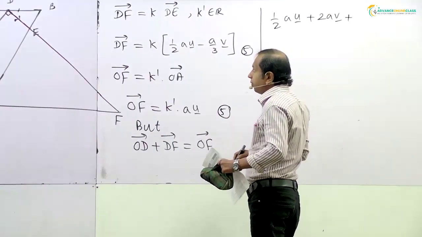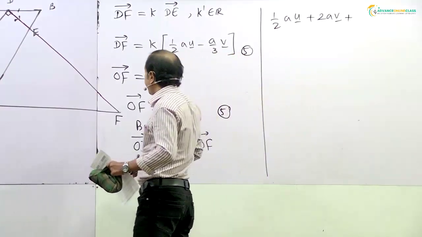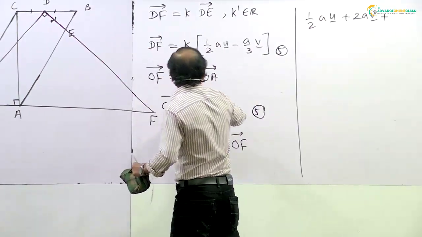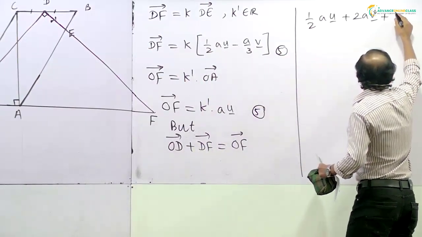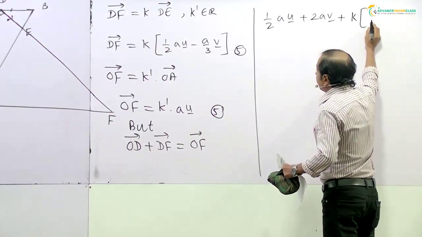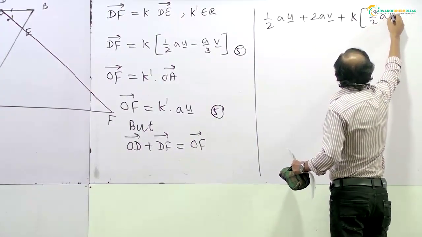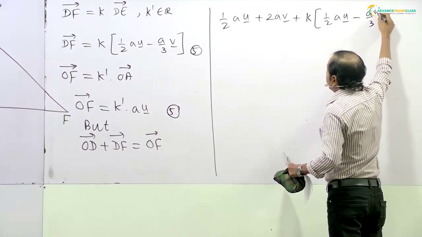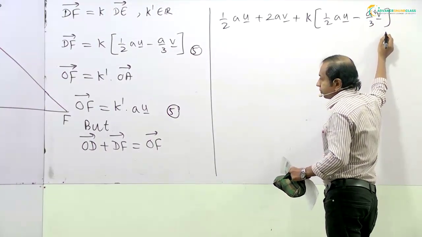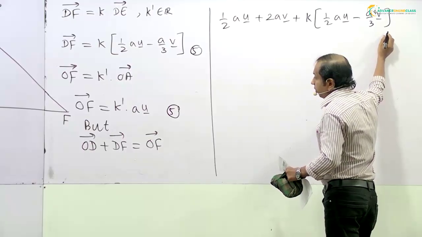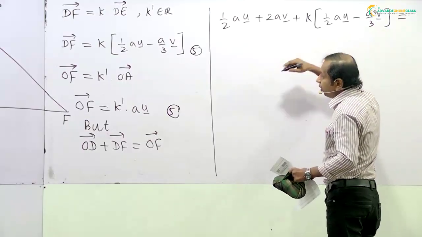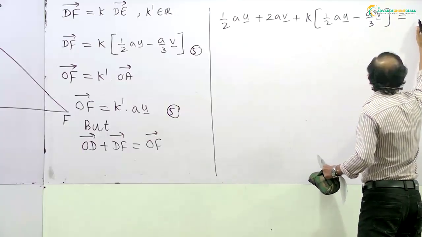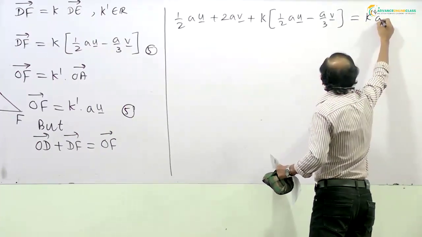DF vector is K times this: K times half AU minus A by 3 V. OD plus DF equals OF. OF is K dash OA, K dash AU.